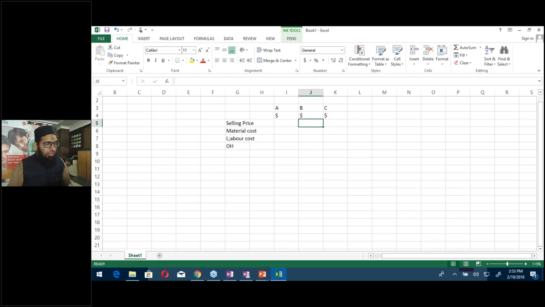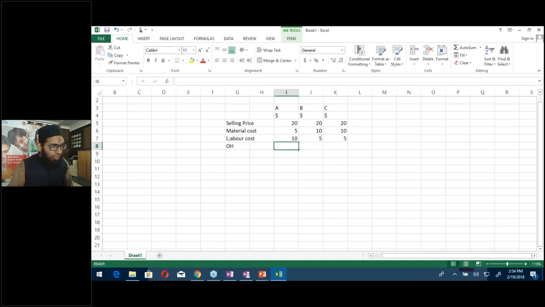Now, my selling price for each product will be $20 each. Material cost is $5 for A, $10 for B, and $10 for C. The labor cost is 2 hours for A, and each labor hour is $5. It is 1 into 5 for B and 1 into 5 for C.